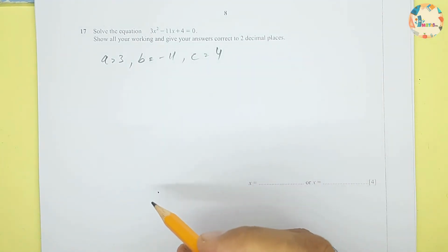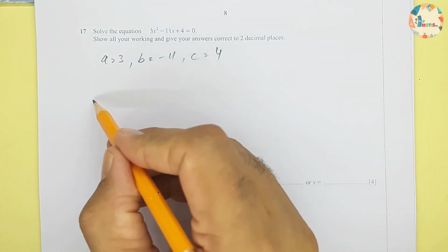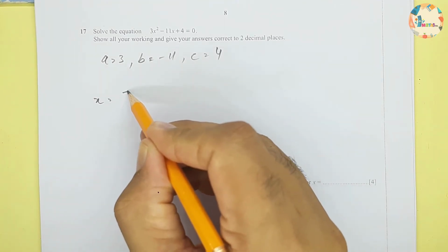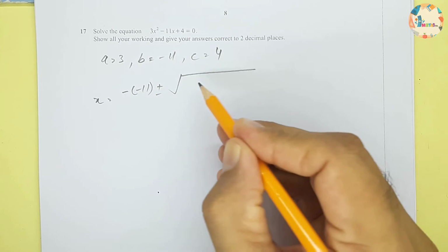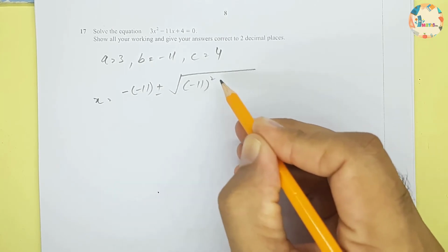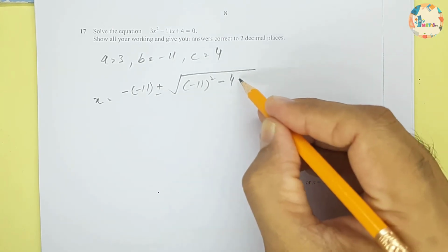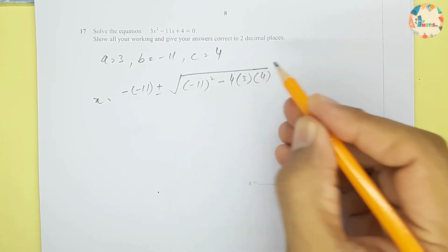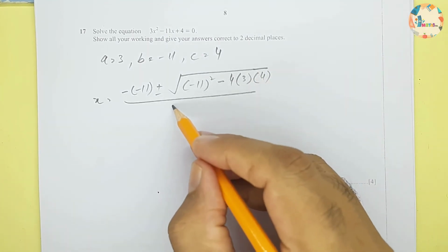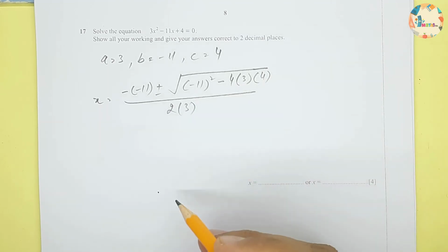Now we can put these values in the quadratic formula: minus b plus minus root of b square minus 4ac, divided by 2a. So minus minus 11 plus minus root of minus 11 square minus 4 times 3 times 4, divided by 2 times 3. We can just calculate this with the help of a calculator.